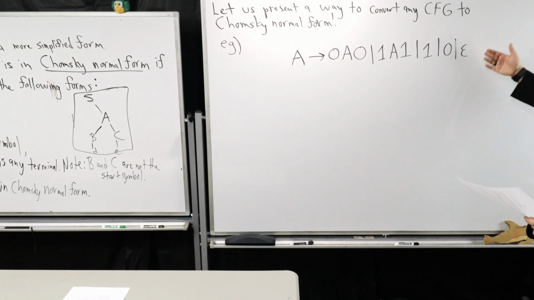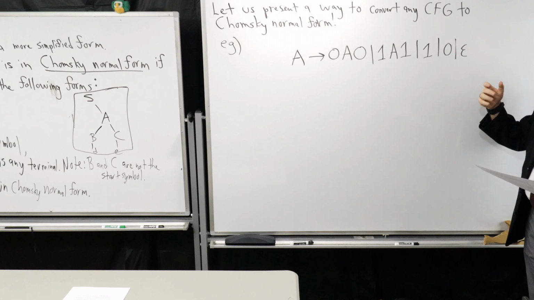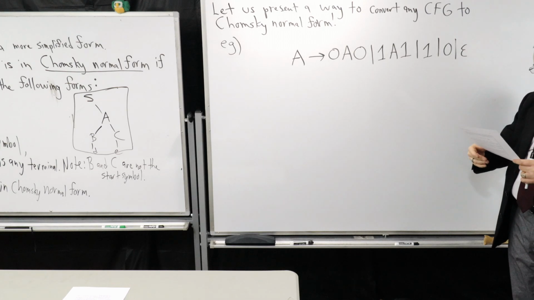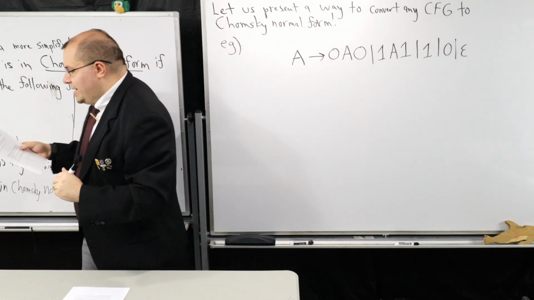So what I'm going to do is perform a series of operations, which are really just algorithms, and walk us through transforming this into one in Chomsky normal form. Here's the idea.